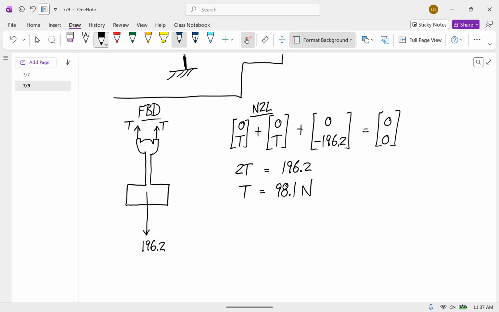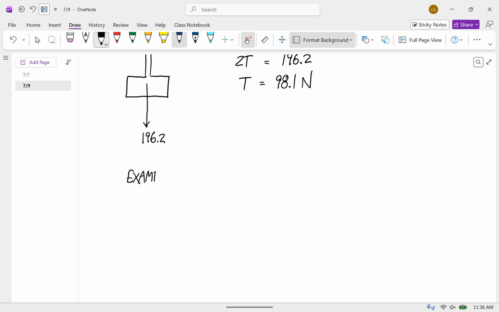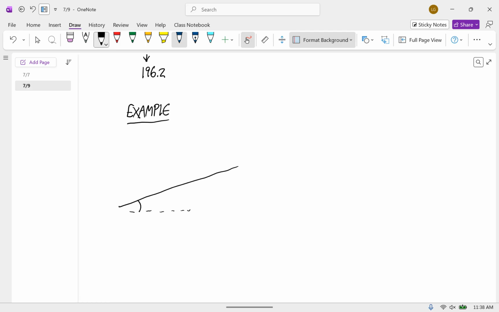Let's do one more problem. Okay, so let's say that we have a 20-degree incline.